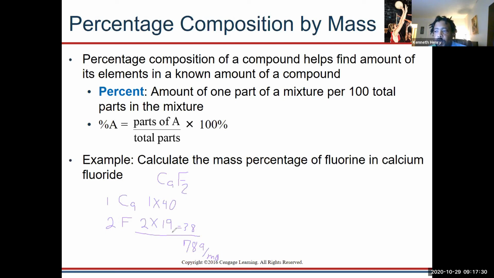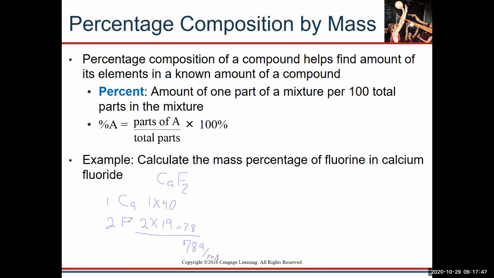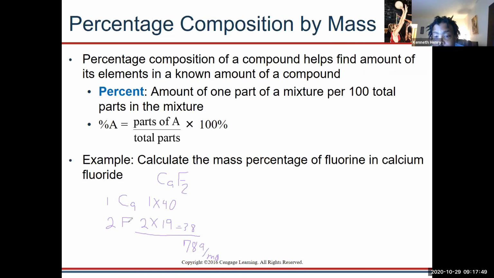Okay, so if I'm taking the part over the whole, if we're looking at fluorine, what is the mass of the fluorine in this compound? How many fluorines do I have? 2. 2 times 19 is what? It's 38.